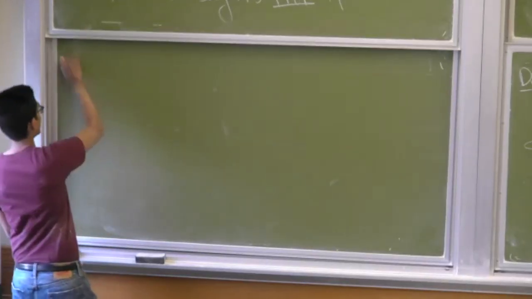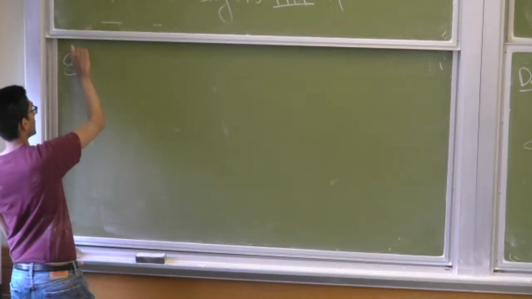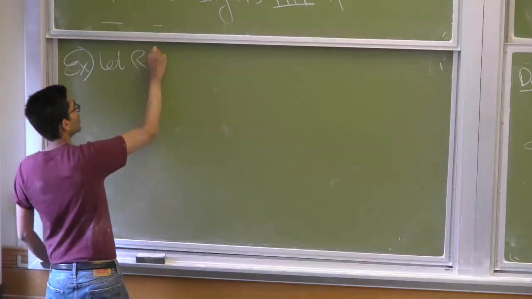Okay, great. So example, let's say R is a classical Noetherian ring.